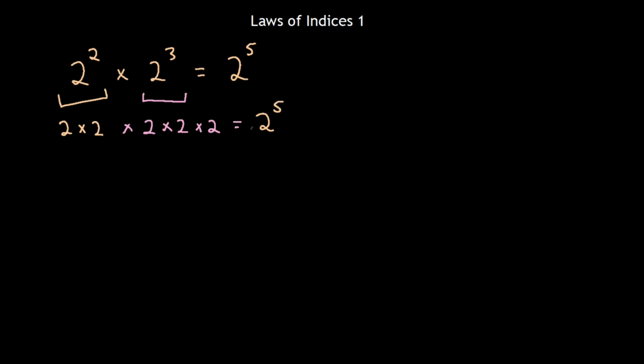Now you might be thinking, why do we need to write it in this format, which is actually called the index form? We are simplifying the indices here on the left hand side, and writing it in index form. So why do we need to write it in this format? Well, it's just a shorthand.